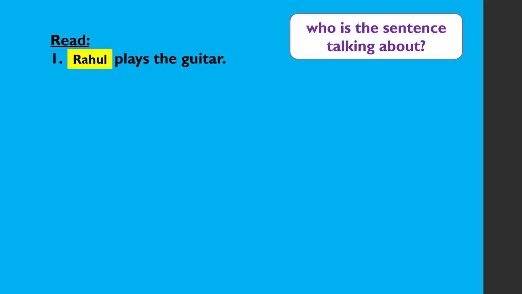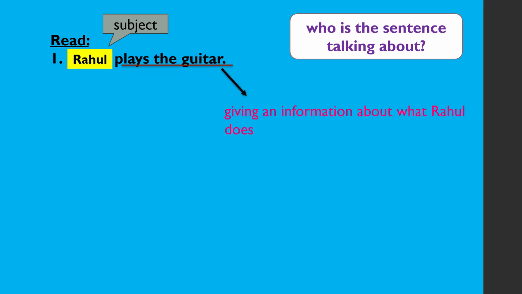So Rahul becomes the subject of the sentence. Now, what about the rest of the sentence? The other words of this sentence, that is, "plays the guitar", is simply giving information about what Rahul does. So this part becomes the predicate of the sentence.